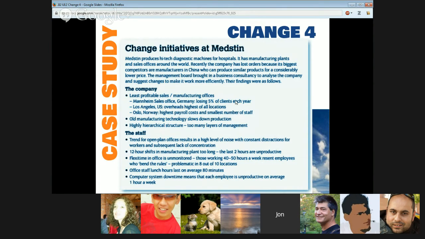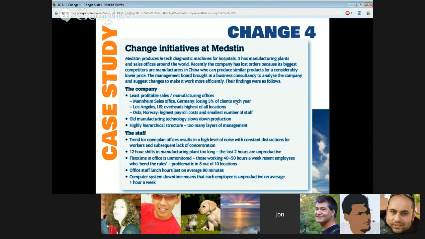The company's least profitable sales or manufacturing offices. Mannheim sales office, Germany: losing 5% of clients each year. Los Angeles, United States: overheads highest of all locations. Oslo, Norway: highest payroll cost and smallest number of staff.